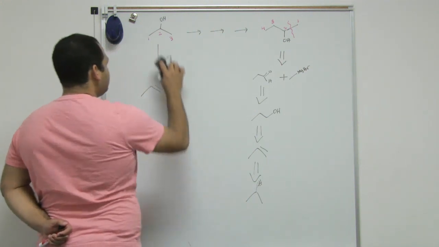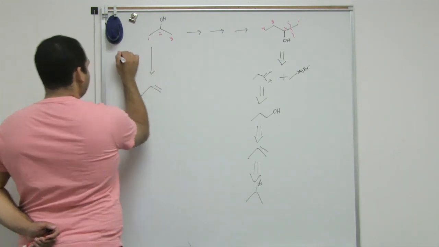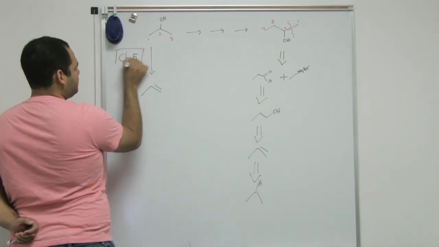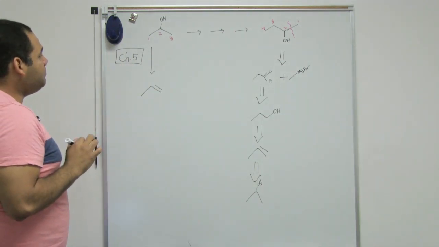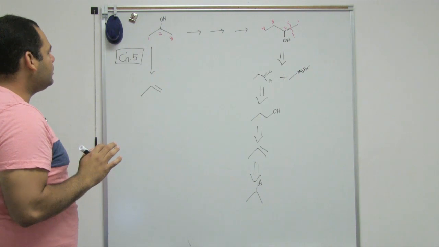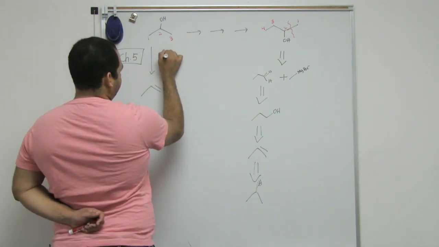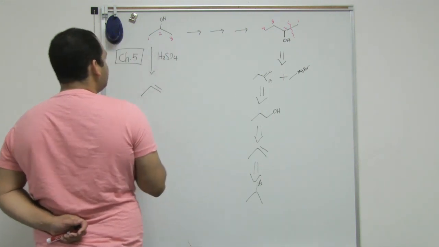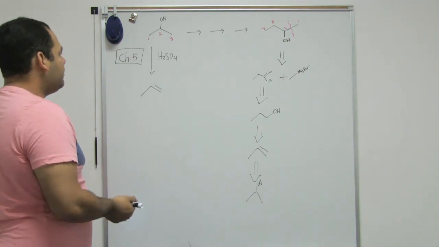If I remember from 351, chapter 5, I learned that I can make an alkene from an alcohol using concentrated sulfuric acid. Concentrated sulfuric acid will dehydrate, meaning it will remove a whole molecule of water.